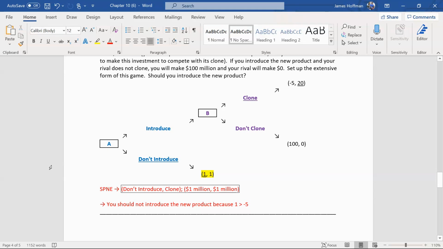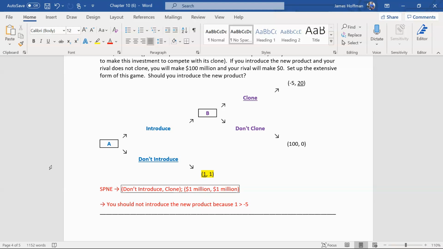Okay, and you can describe this outcome, which remember is called the subgame perfect Nash equilibrium, or SPNE. All you have to do is describe the strategies of the two firms and then the outcome. Player A's best choice is to not introduce. And even though player B didn't get to choose, they would always choose clone, so we'll always put player B's choice regardless.